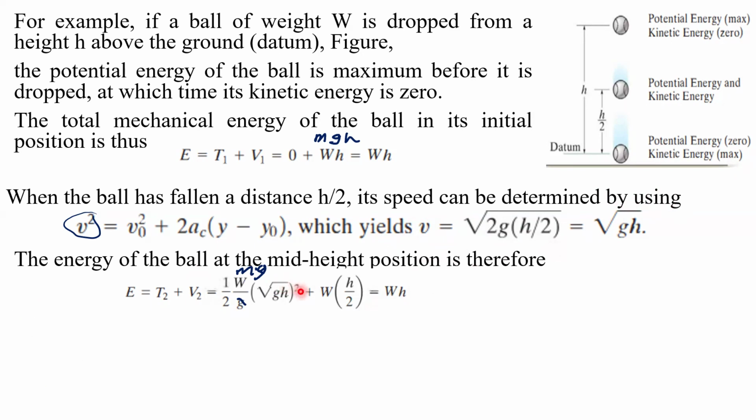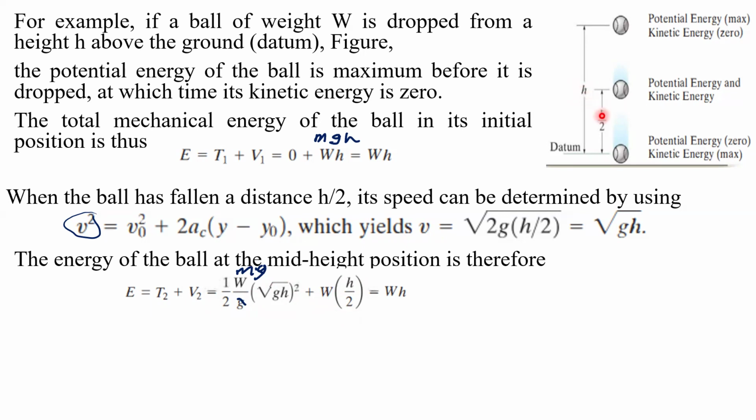Of course, the square will cancel out the square root, plus the potential energy V, which is mgh, where the h here is now h/2, which is half.